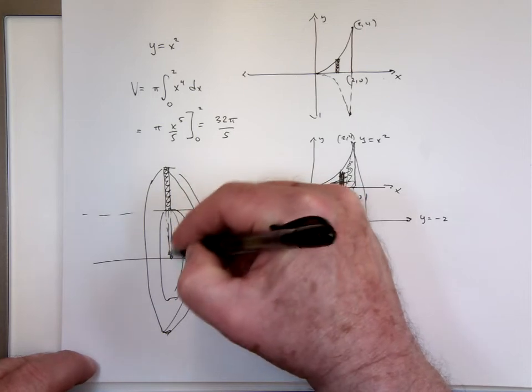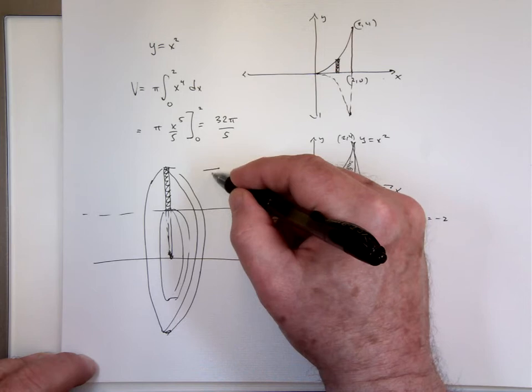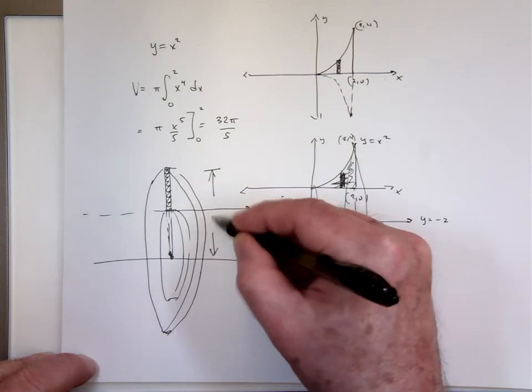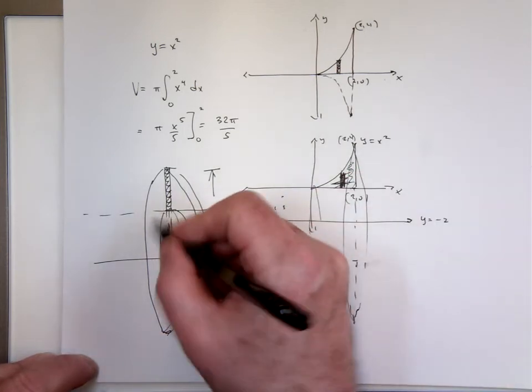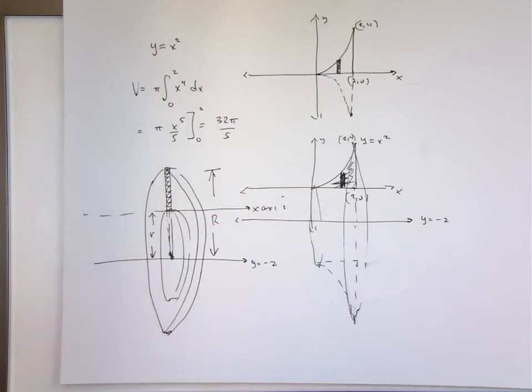I'm going to call the outside disk the disk having radius capital R, and the inside disk has radius little r. The volume generated by that area is going to be the volume generated by the outside disk minus the volume generated by the inside disk. That's what we're going to get.